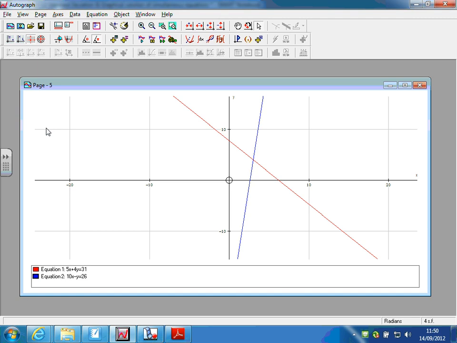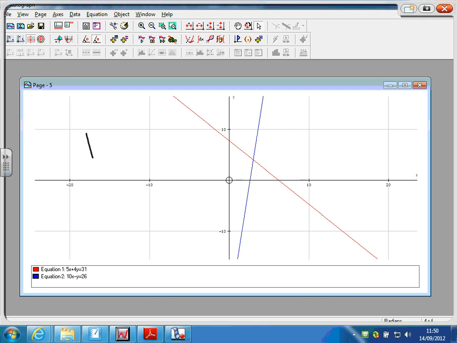Now, the beauty of this method is, first of all, you can find out straight away whether or not there is a solution. It might be in an engineering scenario that there is no solution, particularly if one of your functions is a curve. You can well imagine a situation where you get a curve for one of the functions and a straight line for the other function, and they don't actually intersect.